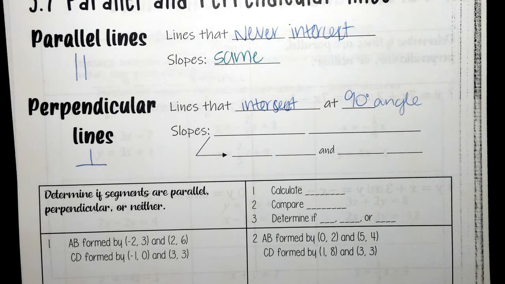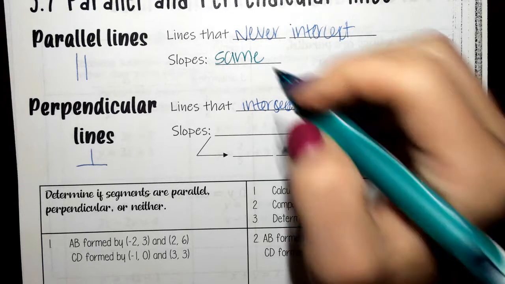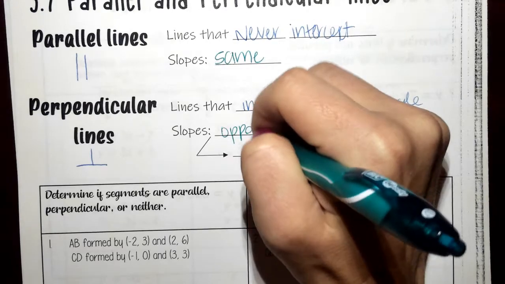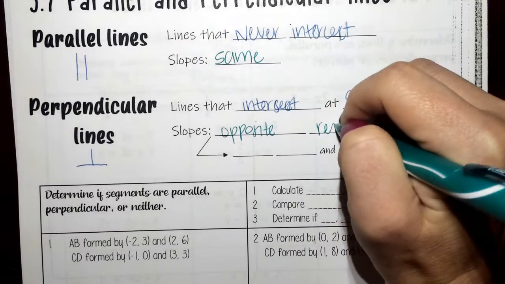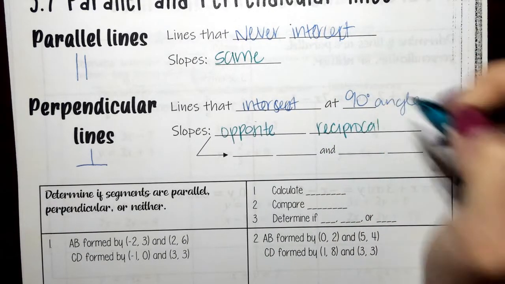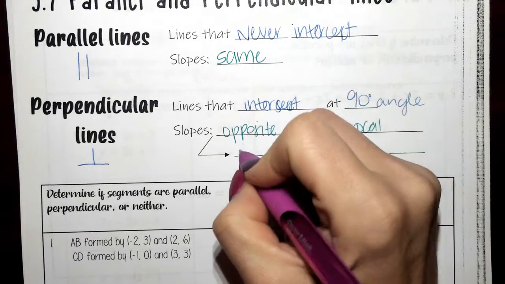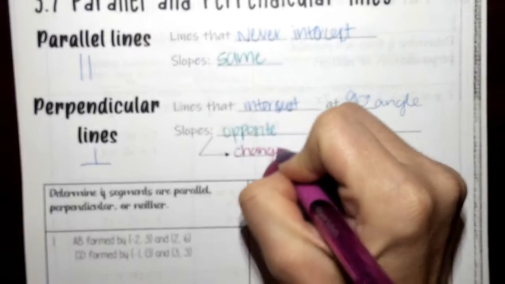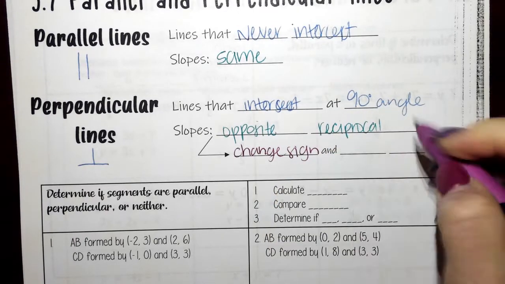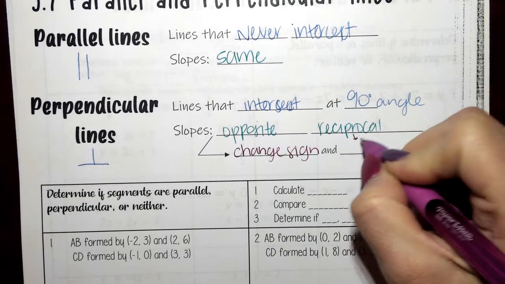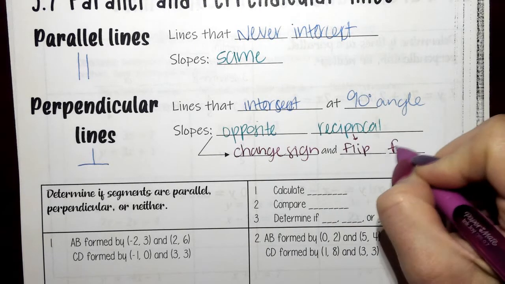So slopes for perpendicular lines are what we call opposite reciprocals, which means opposite means we change the sign, and reciprocal means we flip the fraction.